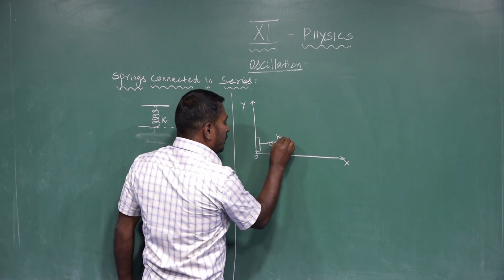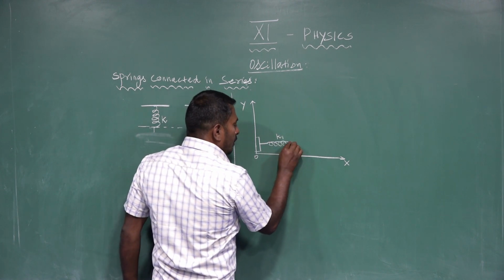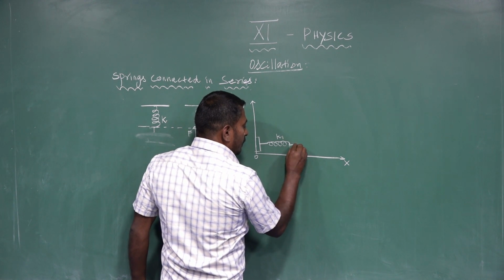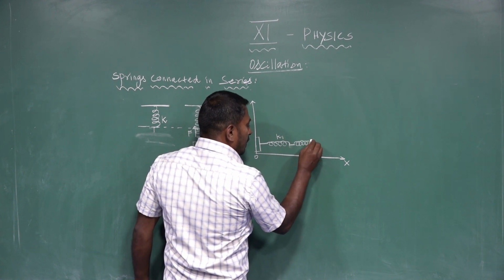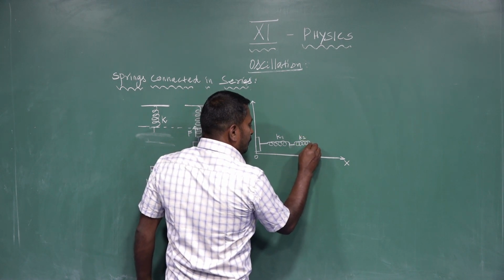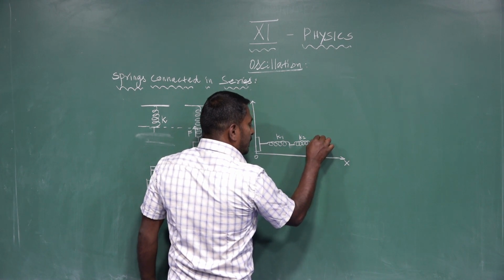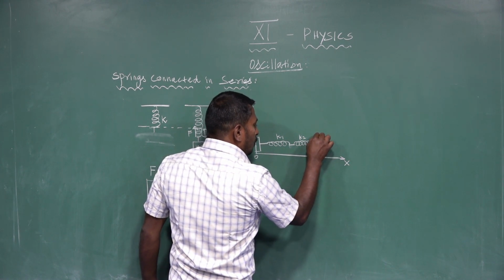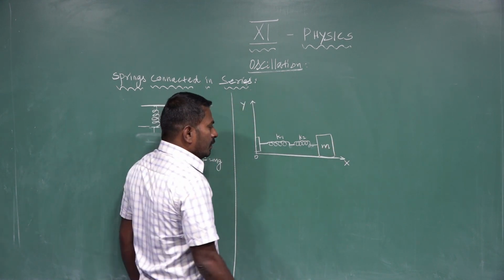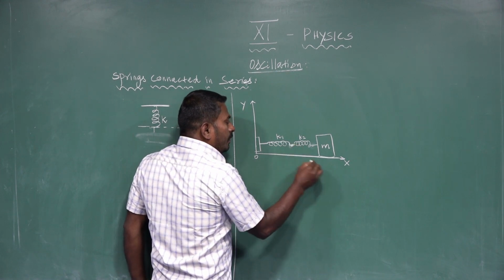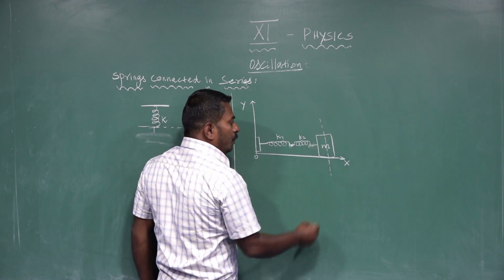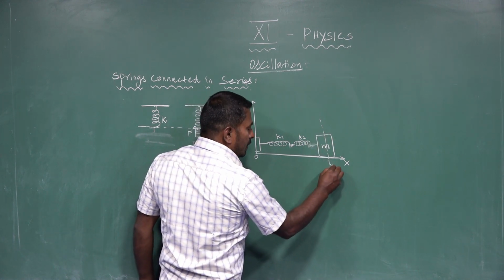One spring has a spring constant K1, connected to the end of another spring that has a spring constant K2. The end of the spring is loaded with the mass M. This is the equilibrium position of the load along the x-axis. This is x0.